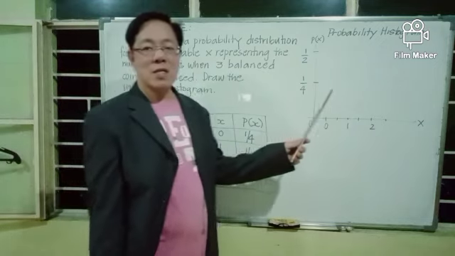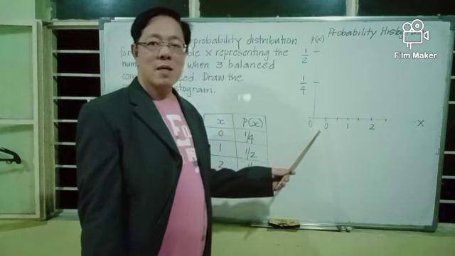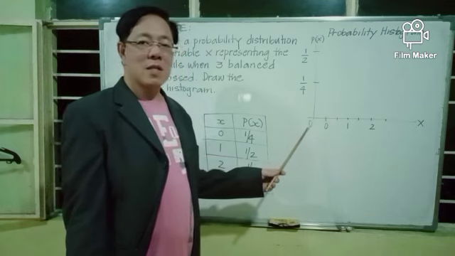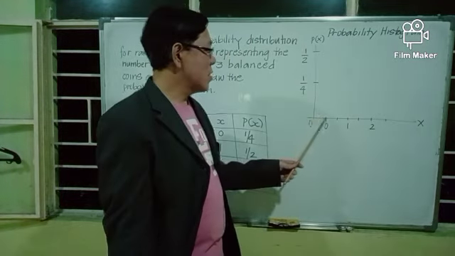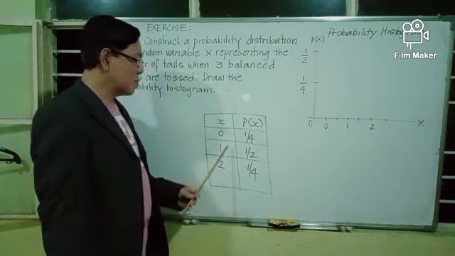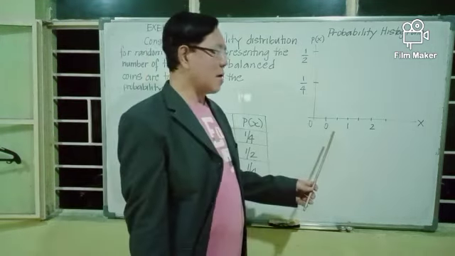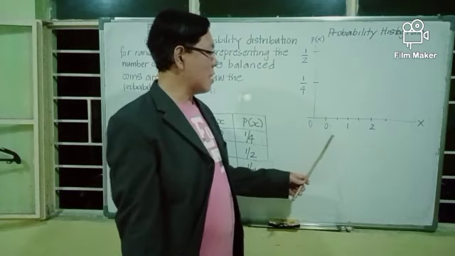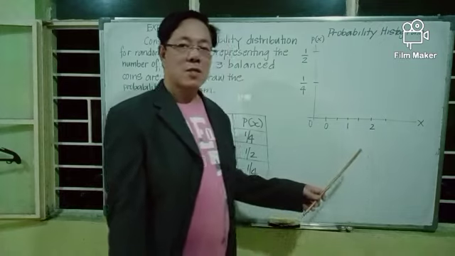In the probability histogram, we write the values of the discrete random variable x in the horizontal axis. We also denote the horizontal axis with x, and these values are equally spaced on the horizontal axis.